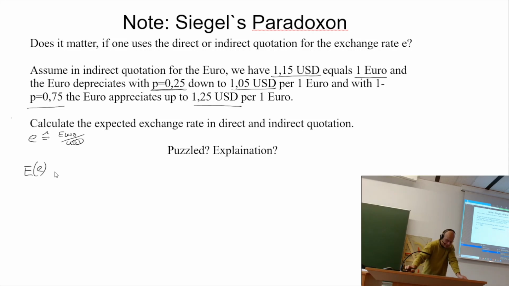So back, this would mean that with 25%, we are depreciating, so 0.25 times 1.05 plus 0.75 times 1.25.